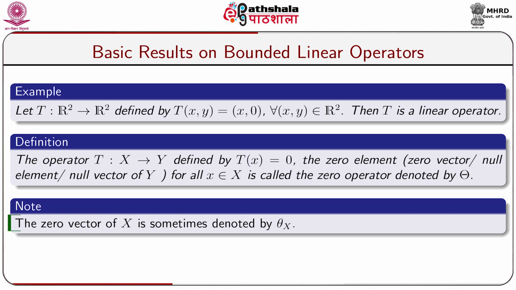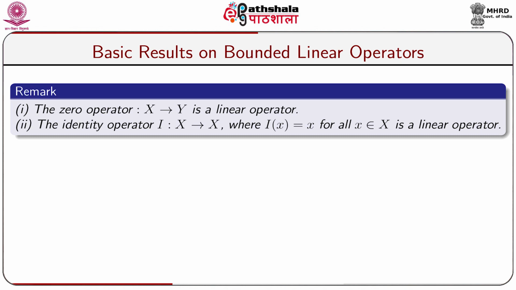The zero vector of capital X is sometimes denoted by theta subscript capital X. The zero operator from X to Y is always a linear operator. The identity operator, that is the self mapping I from X to X, where I x is equal to x for all x belonging to capital X, is a linear operator.